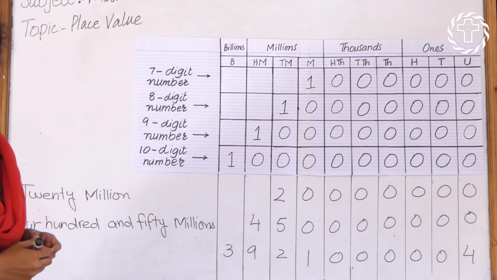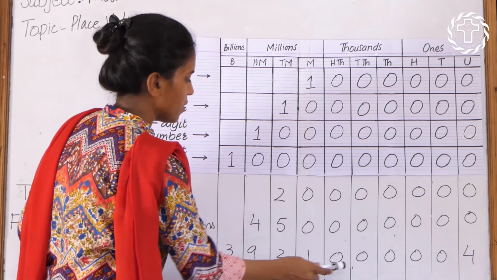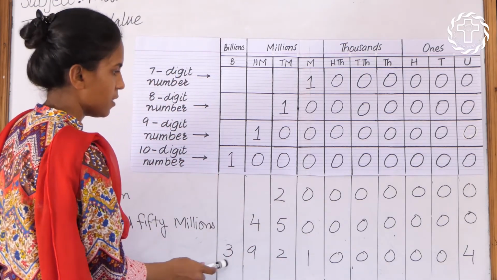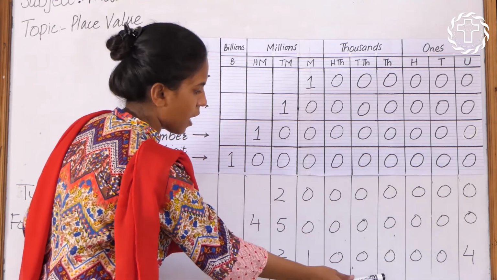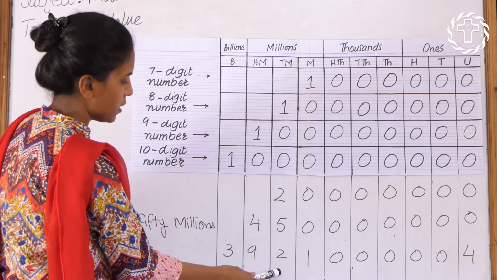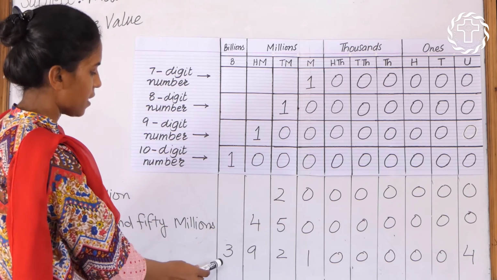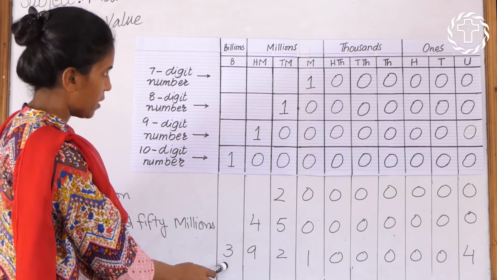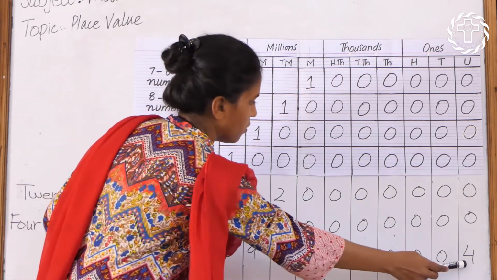How many digits does it have? 1, 2, 3, 4, 5, 6, 7, 8, 9, 10. Units, tens, hundreds, thousands, 10,000s, 100,000s, millions, 10 millions, 100 millions and billions. We can say it is 3,921,000,004.